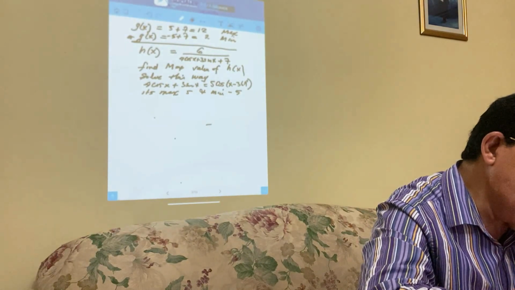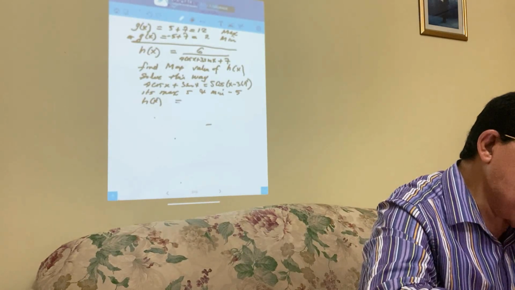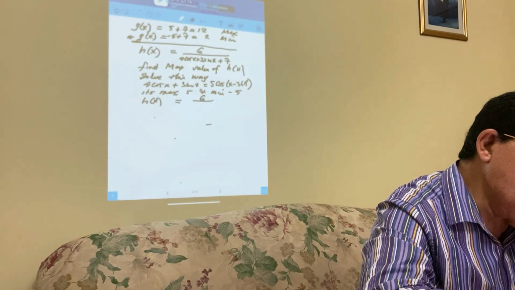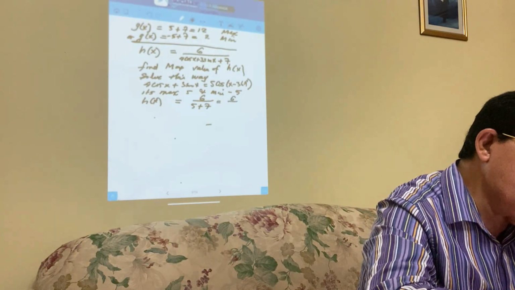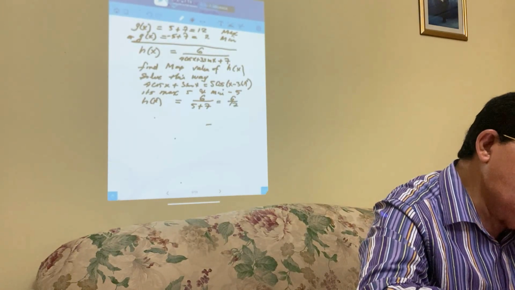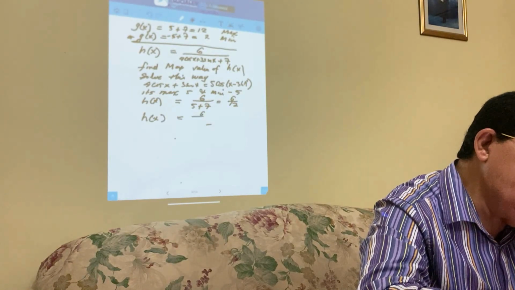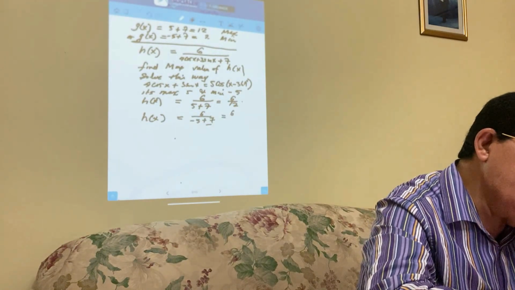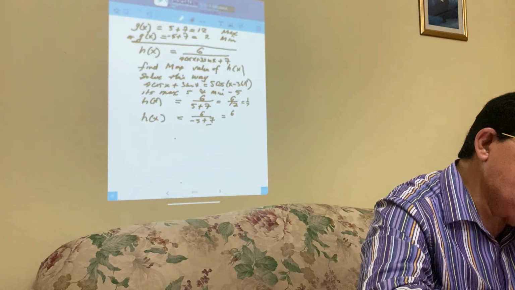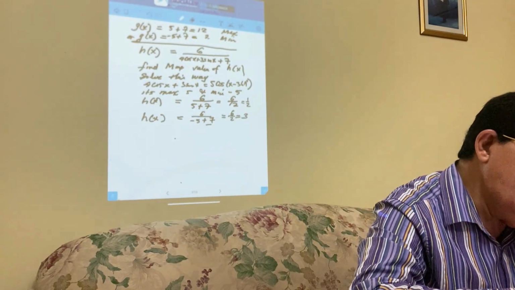Therefore, h of x equals 6 over 5 plus 7, which is 6 over 12, or h of x equals 6 over negative 5 plus 7, which means 6 over 2 equals 3.